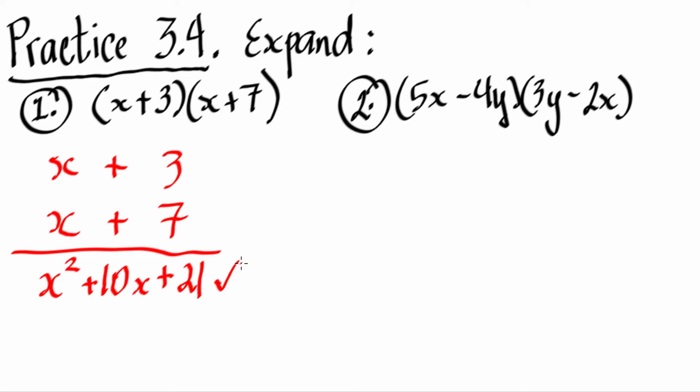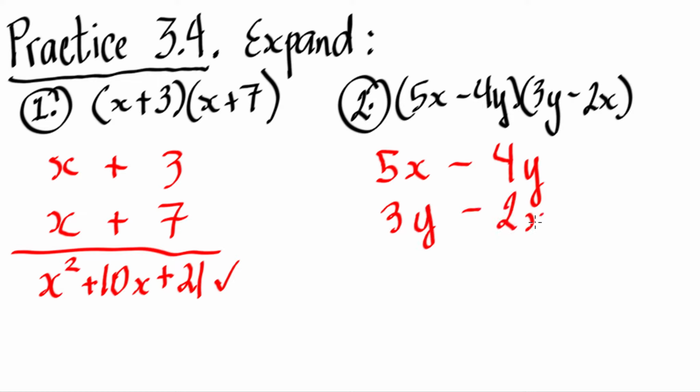All right, now let's move on to number 2. What we have is 5x minus 4y times the quantity 3y minus 2x. We can do this straightforwardly. First, vertically, 5x times 3y is going to give us 15xy.